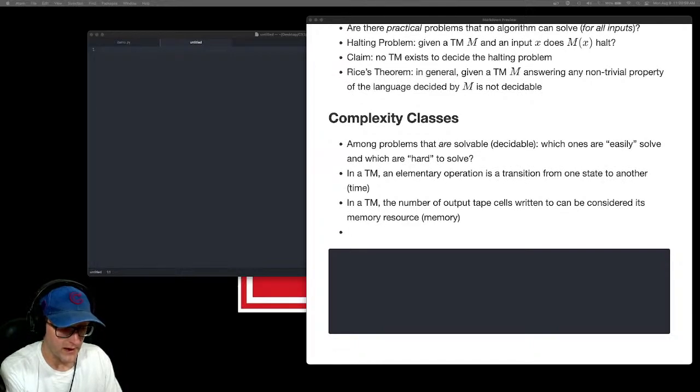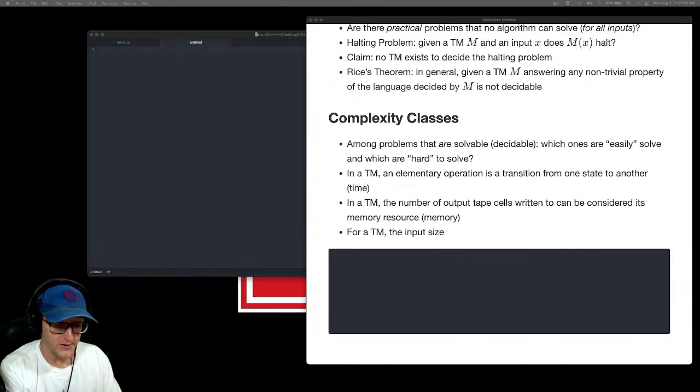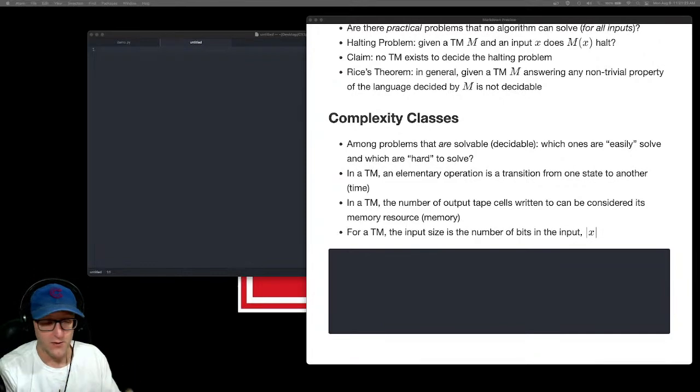For a Turing machine, the input size: remember the 5-step process that I usually give for analyzing an algorithm. Identify the input, that's x for a Turing machine. Identify the input size. The input size is the number of bits in the input, which we usually denote using the absolute value symbols, kind of misusing them. We'll go ahead and call that n.